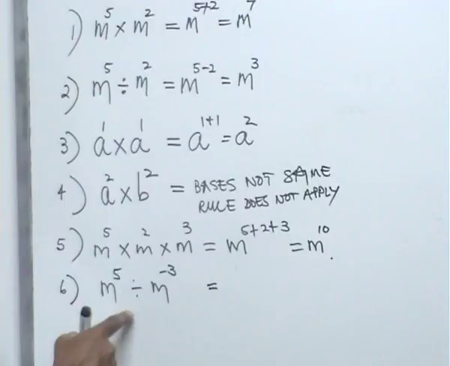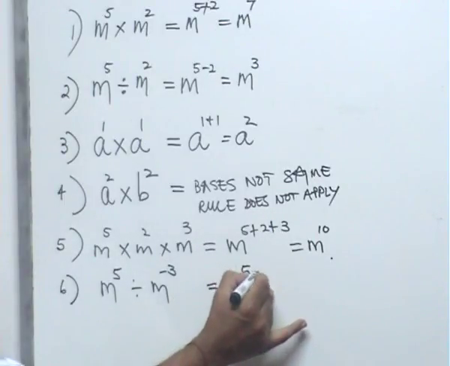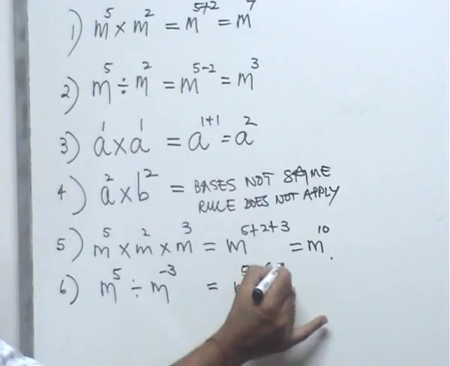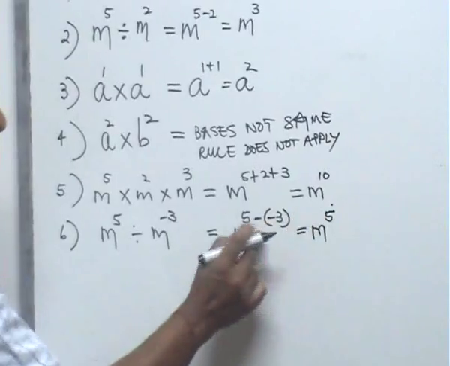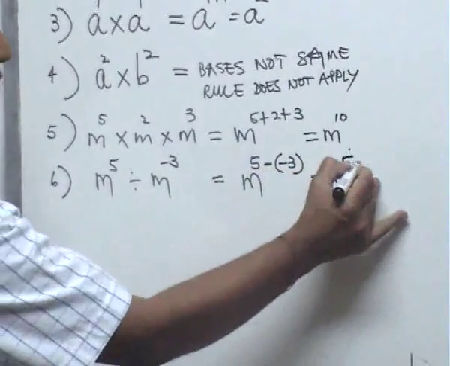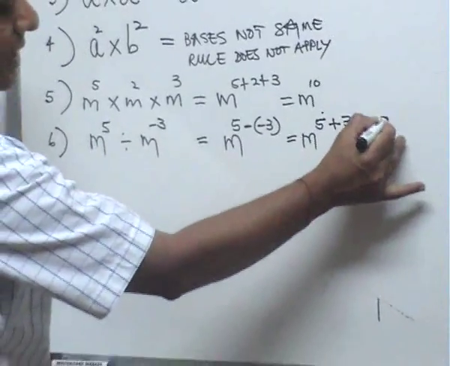So, you'll see division, write down the common base once, then 5 minus (-3), which is m, there's your 5. Now minus times minus gives you plus, so it's m to the 8.